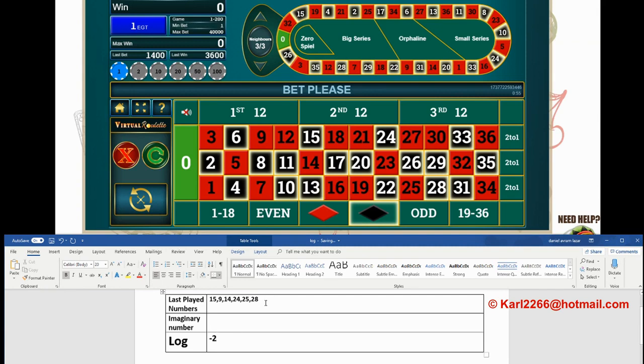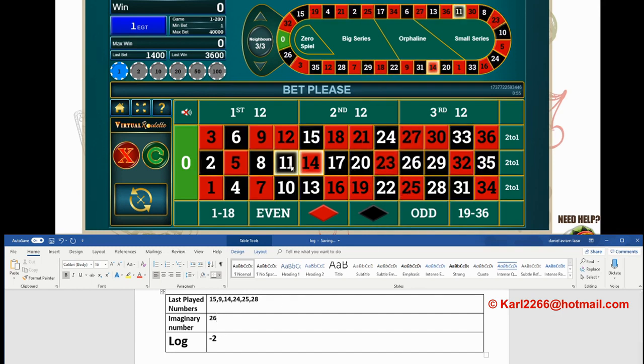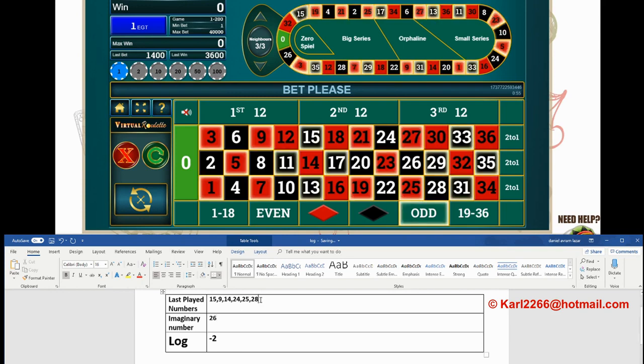Okay, so what we do now when we got 28 and logarithm minus 2, exactly, we got a new imaginary number which is number 26. 26 is one of those numbers we don't play, we wait, and after 28 we got a new winning number which is number 9.